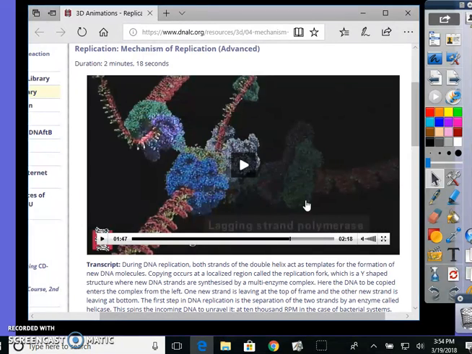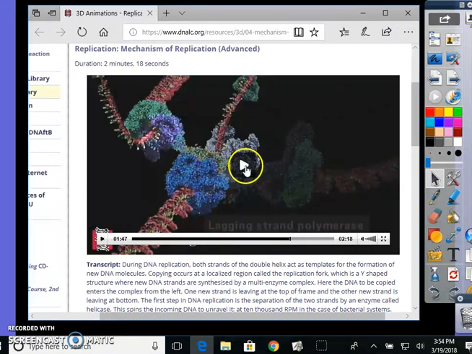I really need you to just be able to identify and understand the different parts and mechanisms involved in replication. So let's continue making note of different areas on our handout. She did mention DNA polymerase, and again, this is an enzyme that is going to attach the nucleotides that you learned about earlier to the DNA template.